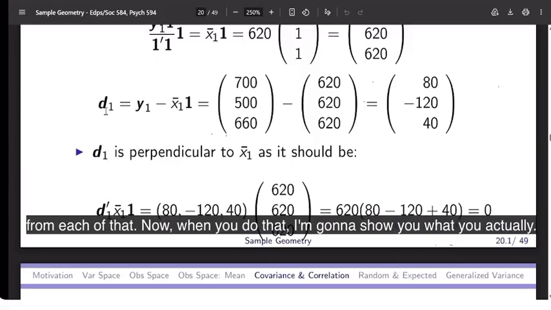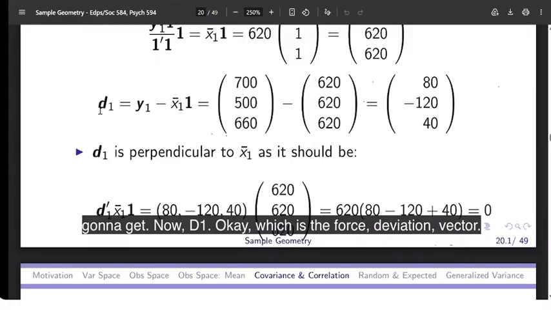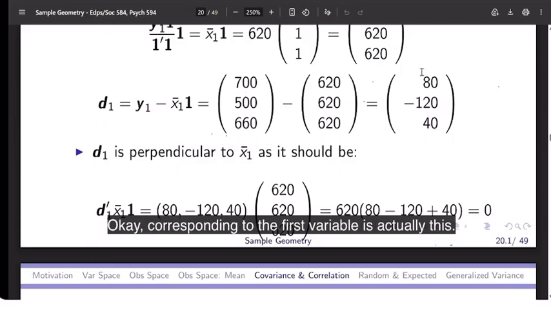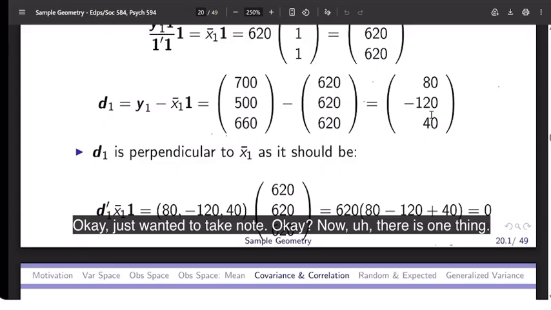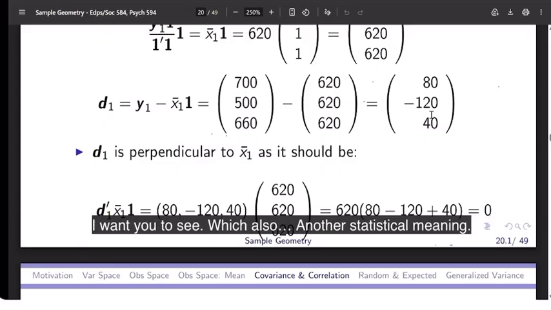Now, D1, which is the first deviation vector corresponding to the first variable, is actually this. Just take note. Now, there is one thing I want you to see, which also has another statistical meaning.